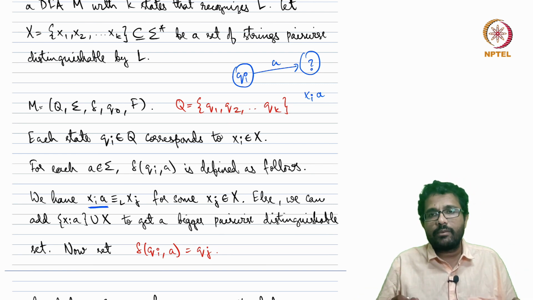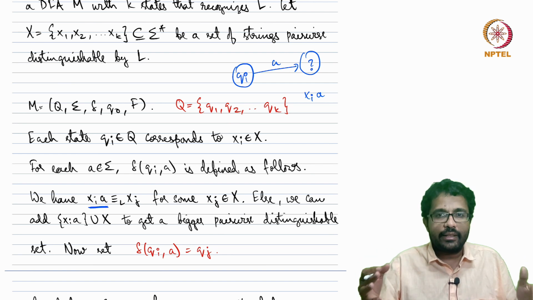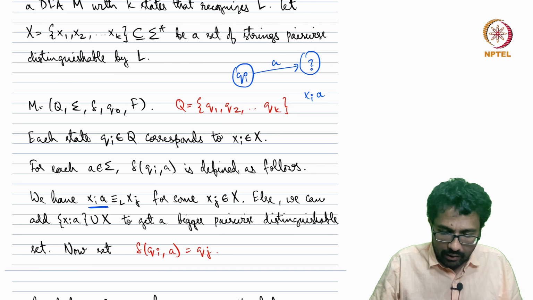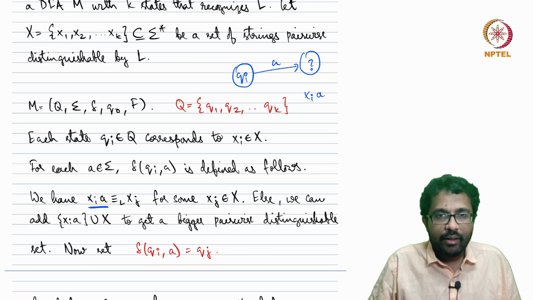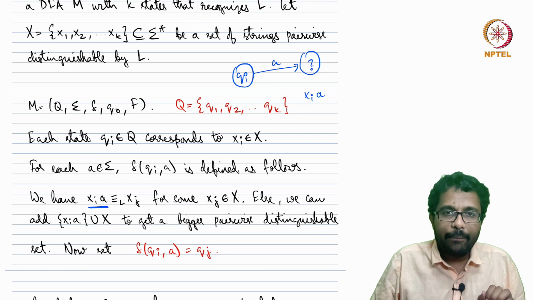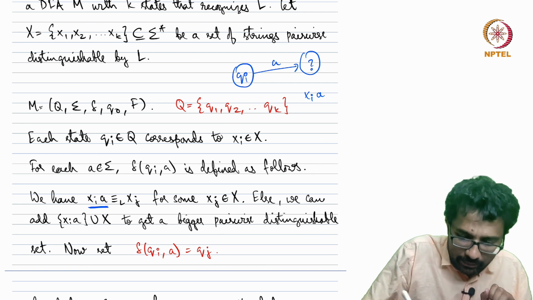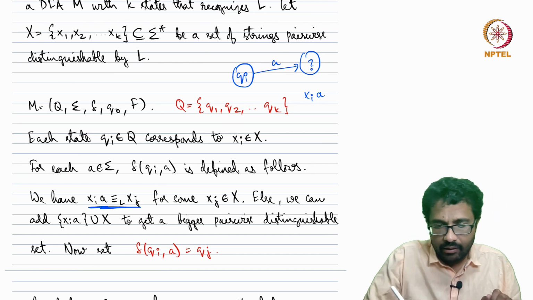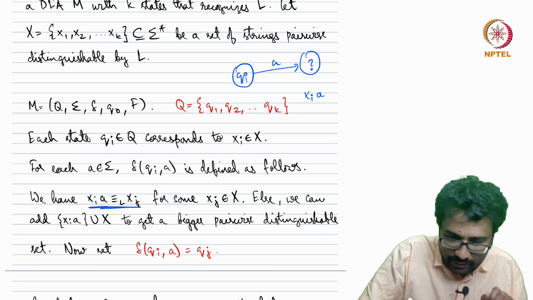But that is not possible, because by definition this is the biggest pairwise distinguishable set. So xia must be equivalent to some string in capital X. Let that string be xj.